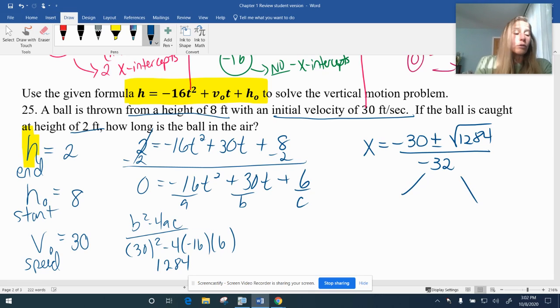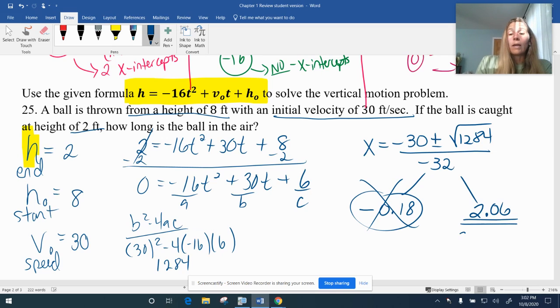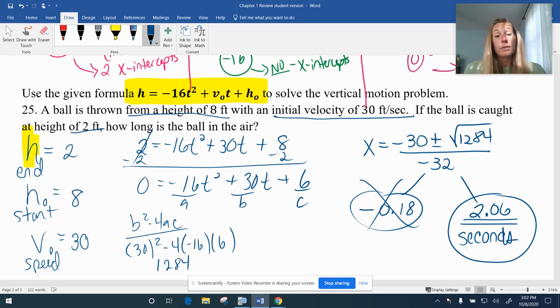And then you can just calculate those two answers. So the first one, you'll have negative 0.18 when you type that in your calculator. The second one, you'll have 2.06. Obviously, the negative doesn't make sense because you can't have negative time. So your final answer would be 2.06 seconds.